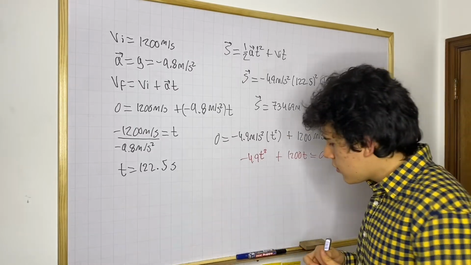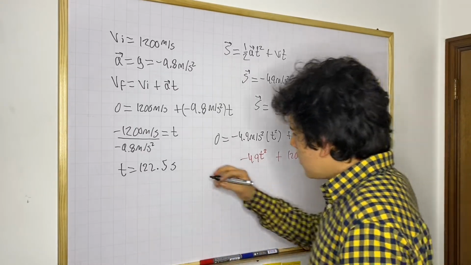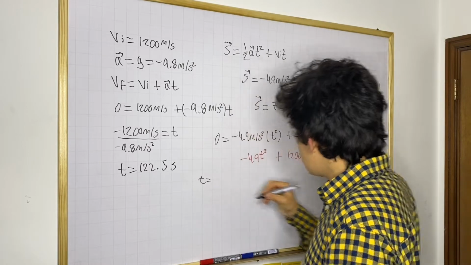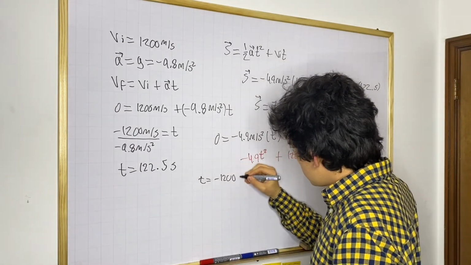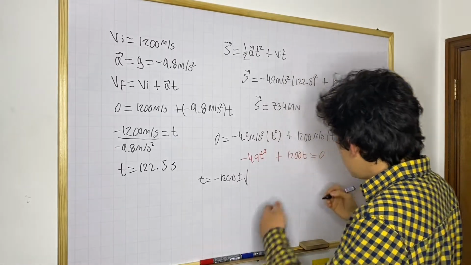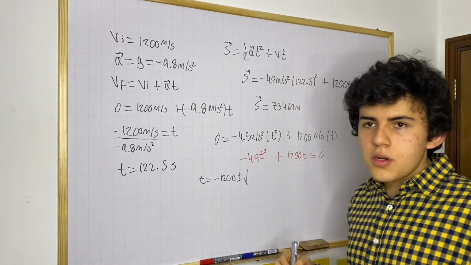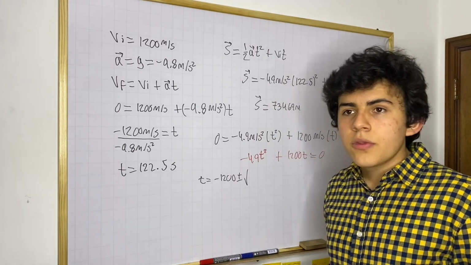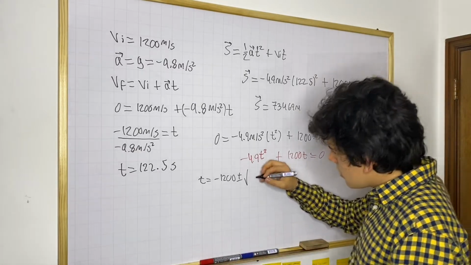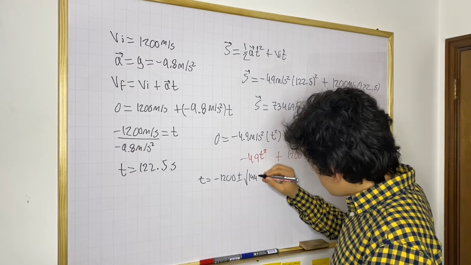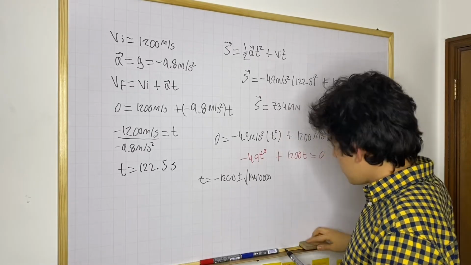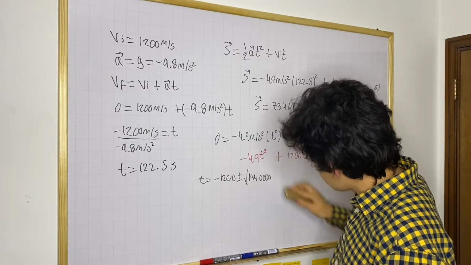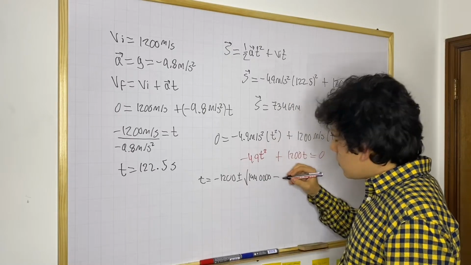Now we're going to use the quadratic formula real quick. Time is going to be equal to minus b, minus 1200, plus or minus the square root of b squared. 1200 squared is 144 with 4 zeros, minus 4ac.